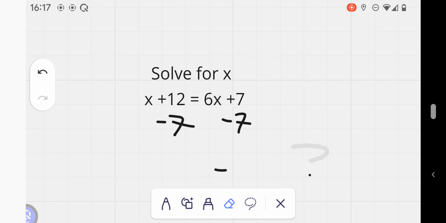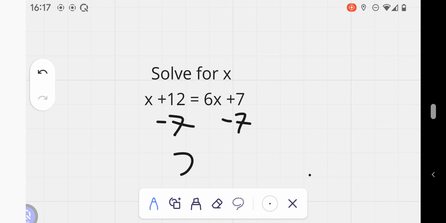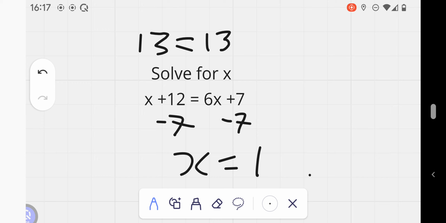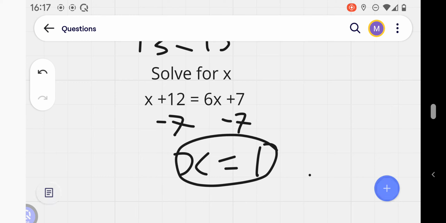That will give us x equals 1. If you really want to make sure you're right, plug it in. x plus 12, which is 1 plus 12, equals 13. And 6 times 1, which is 6, plus 7 is also 13. That means x equals 1. Got it?